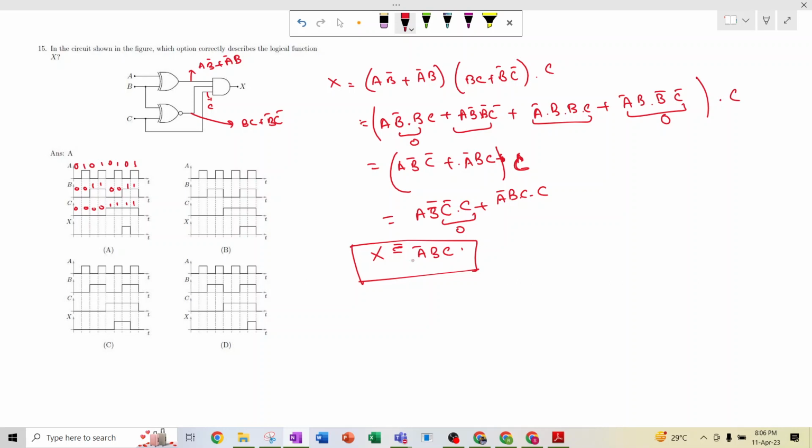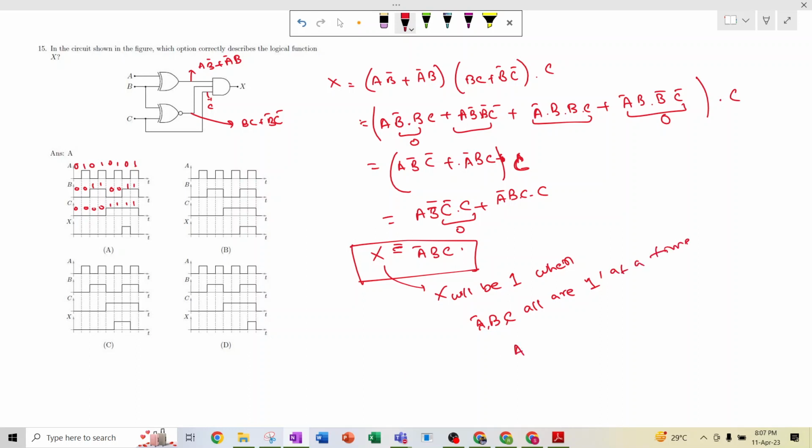So what is the output? The correct output: x will be 1 when a bar, b, c are all 1 at a time.